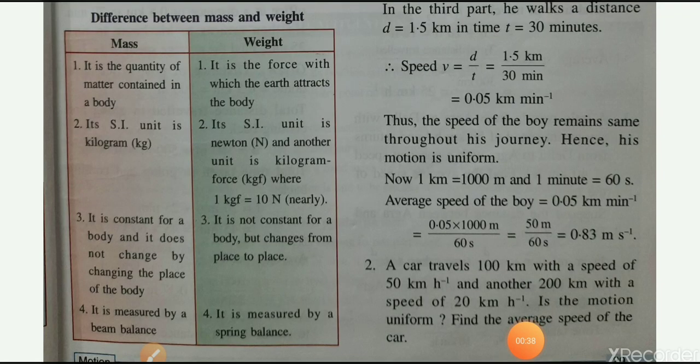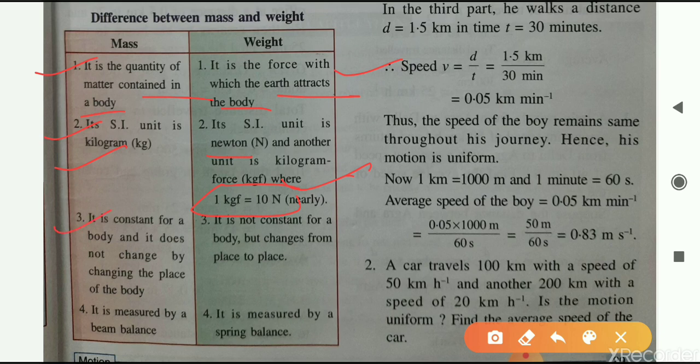Now, the difference between mass and weight. First, mass is the quantity of matter contained in a body. Weight is the force with which earth attracts the body. Second, the SI unit of mass is kilogram, whereas the SI unit of weight is Newton, and another unit is kilogram force, where 1 kgf is equal to 10 Newton.